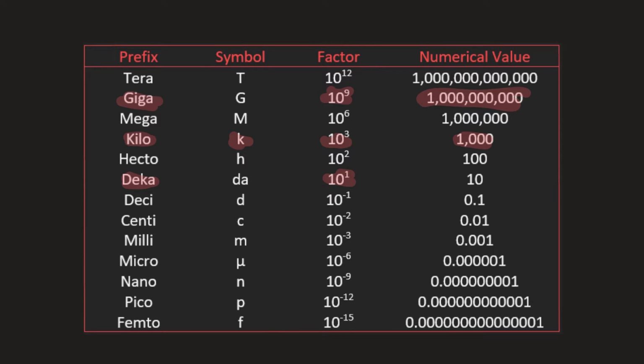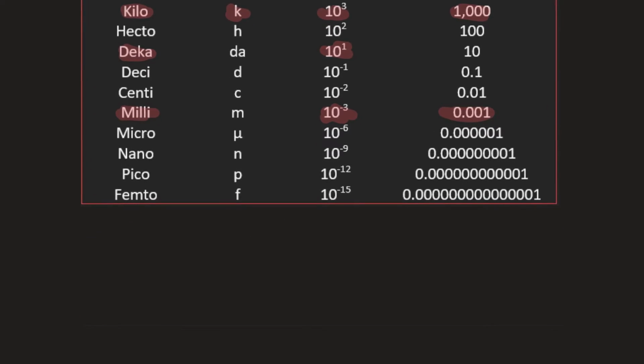If you go the opposite direction, you have milli, 10 to the negative 3. For every 1 milli of that unit, there is 0.001 of that base unit. Why is this really, really important?